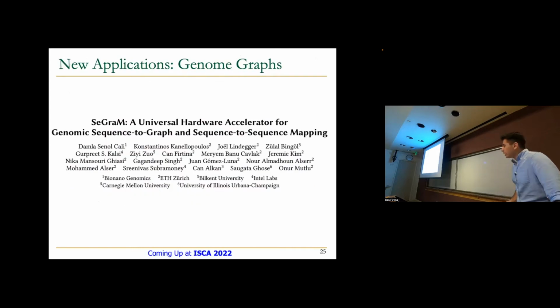This is another work that is going to appear in ISCA this year. Seagram uses the fundamentals of Genome for sequence-to-graph alignment, and we again achieve significant speedups and energy improvements for performing sequence-to-graph alignment.